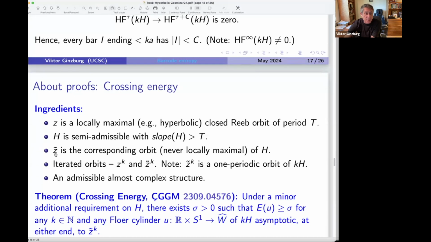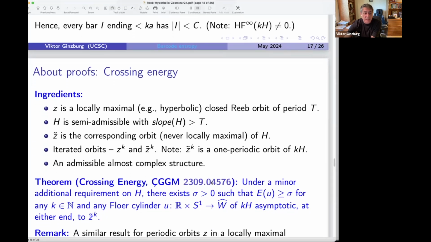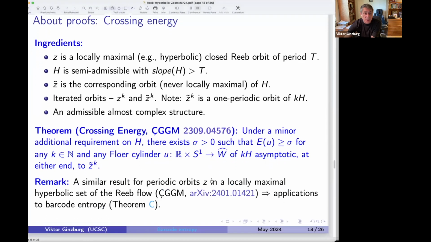Then this orbit will register as a one periodic orbit of that Hamiltonian H. It will never be locally maximal. And then I'm going to start iterating the Hamiltonian and look at the iterated orbits. And I'm going to fix an admissible almost complex structure.